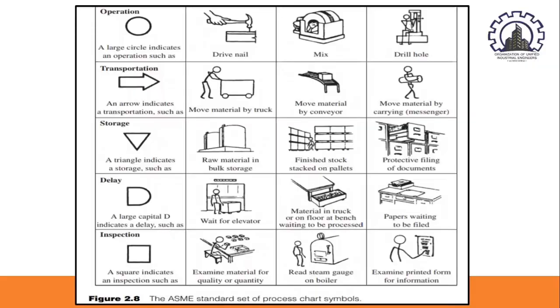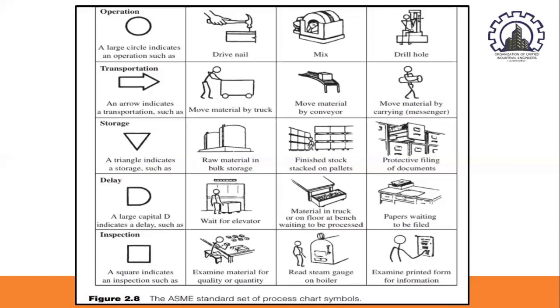And as you can see in figure 2.8, the ASME standard set of process chart symbols. These are additional examples of symbols used in constructing the flow process chart. An operation can be driving a nail, mixing, or drilling a hole. For transportation, we have moving material by truck, by conveyor, and by carrying or through a messenger.